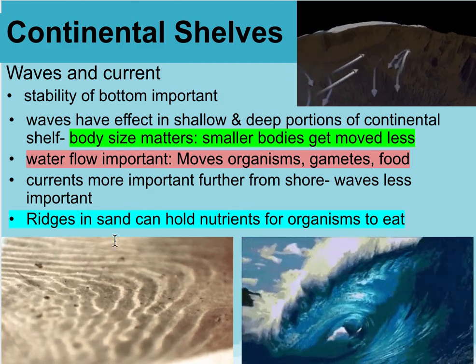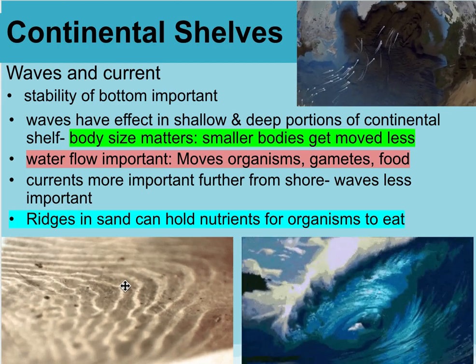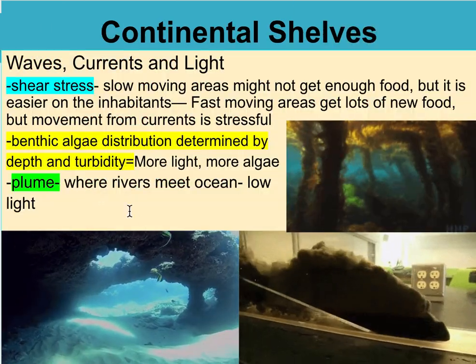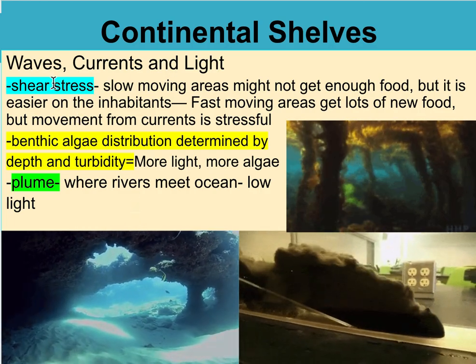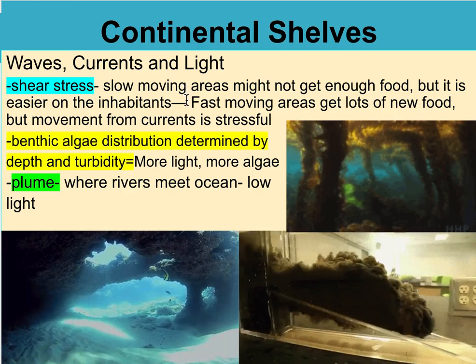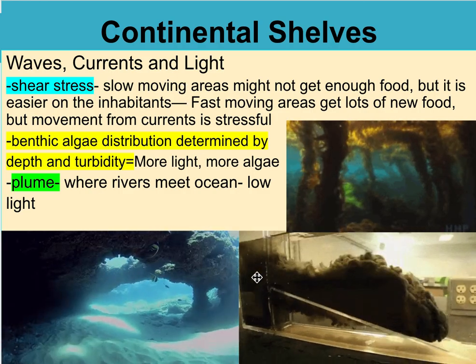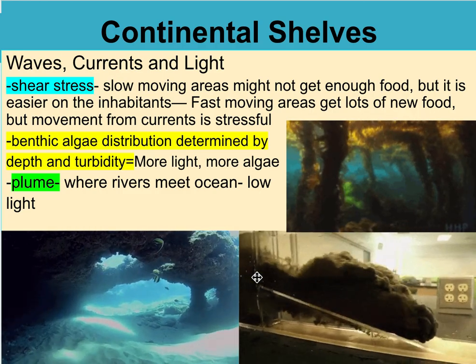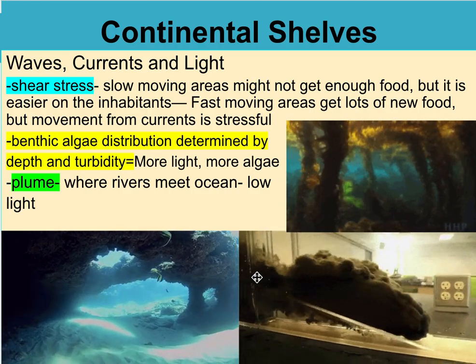This water flow in these spaces will not only move the organisms, but it moves their gametes, their sex cells, and also will move their food around. In areas where you have different shear stress, you might have a place where the water is moving really quickly, so it's got a lot more nutrients and a lot more oxygen in it because it's quickly flowing around.